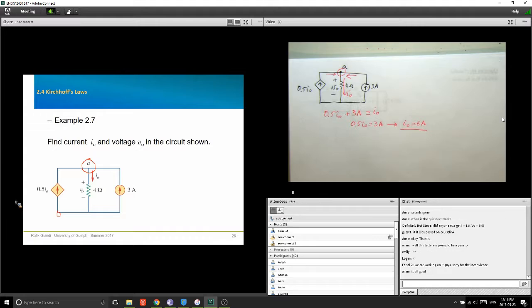How can I get V naught now? Yes, Ohm's law. What does it say? V equals IR. V naught equals 4 I naught. Are the current and the voltage aligned? Are they positioned correctly on your resistor? Yes, they are. So V naught is equal to 4 I naught.